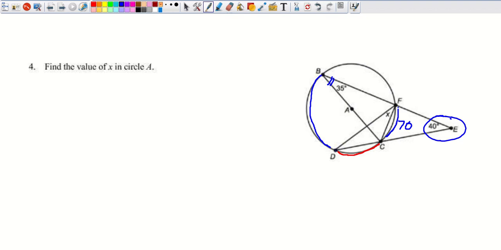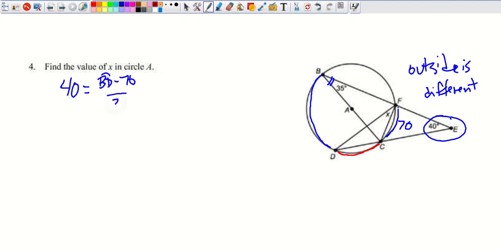All right, and we're going to continue here. Once again, outside is different, and so that tells us we are going to subtract. So 40, the angle, is equal to the difference of the two arcs. The bigger arc is BD minus 70, divided by 2.